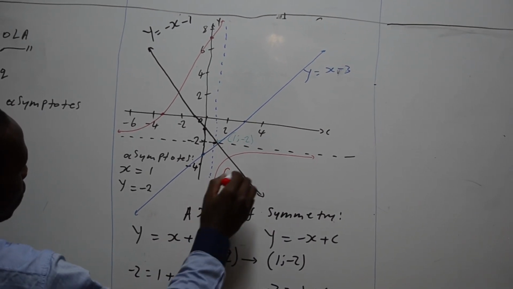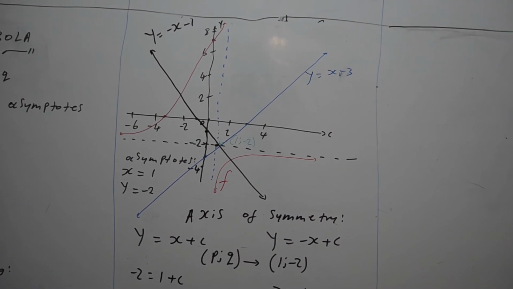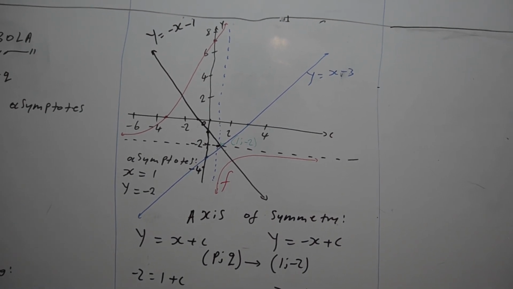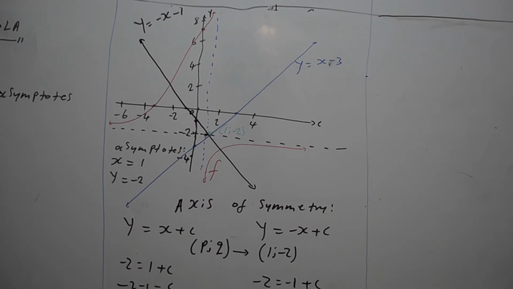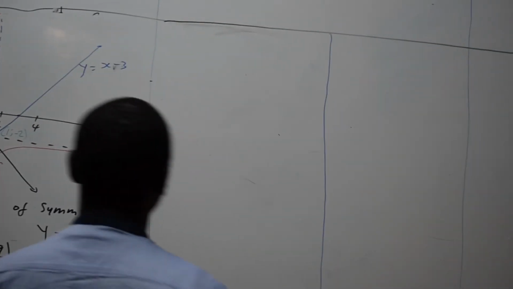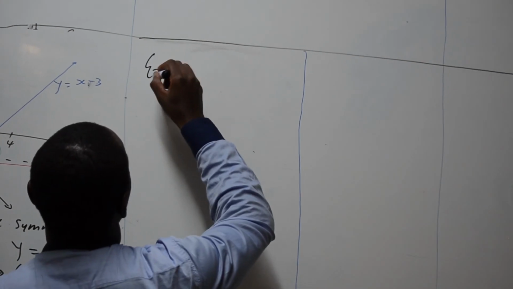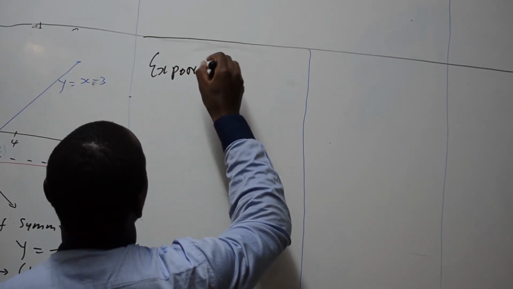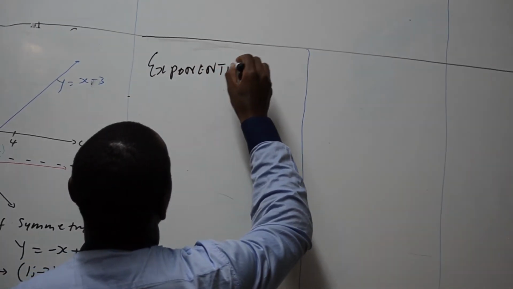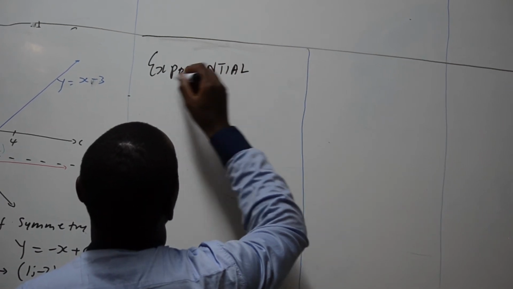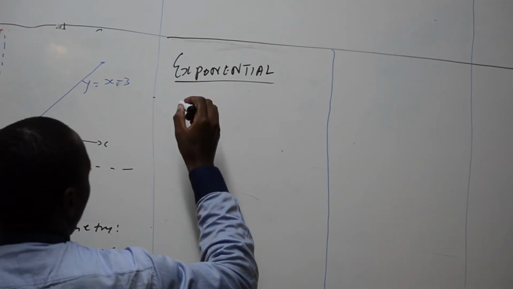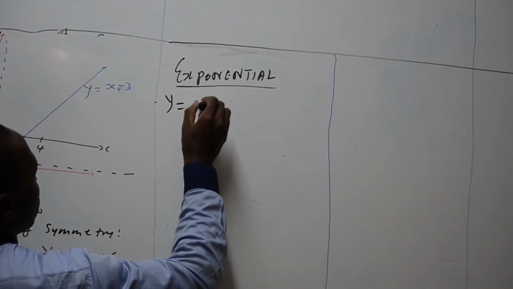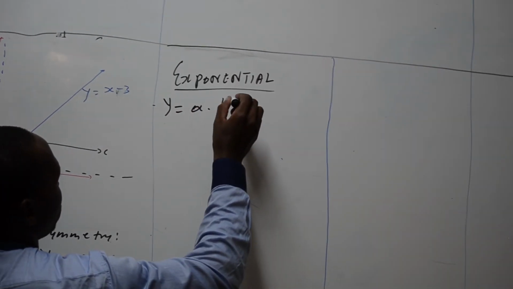Let's call it f. That's the hyperbola. Now we have to take the exponential. The exponential is just a nice graph. Its equation is y equals a times b to the power x.